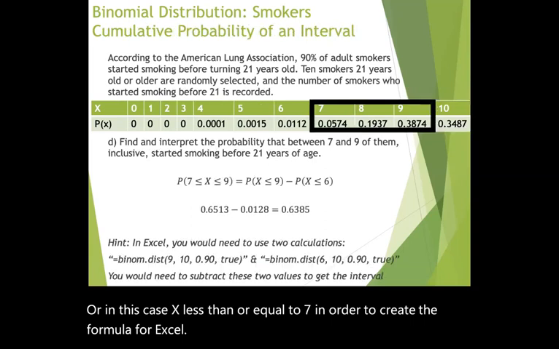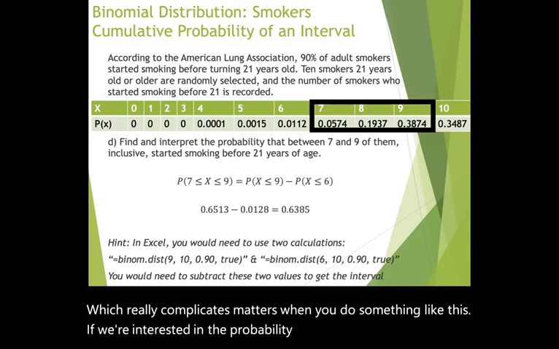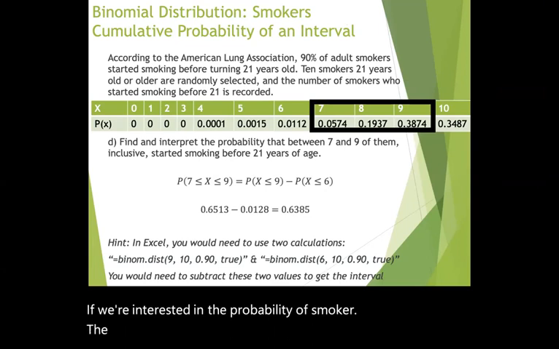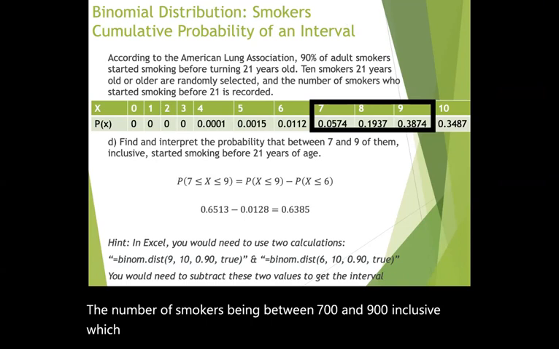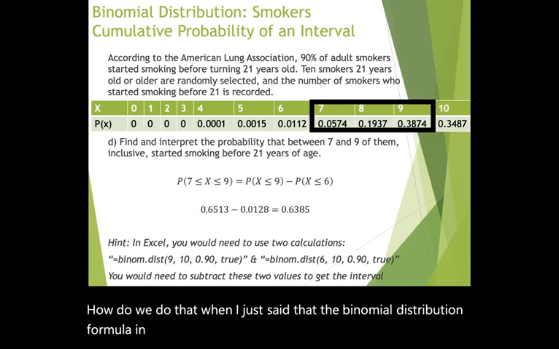Which really complicates matters when you do something like this. If we're interested in the probability of the number of smokers being between 7 and 9 inclusive, which means also including 7 and also including 9, how do we do that when I just said that the binomial distribution formula in Excel starts at 0 and always works its way up?